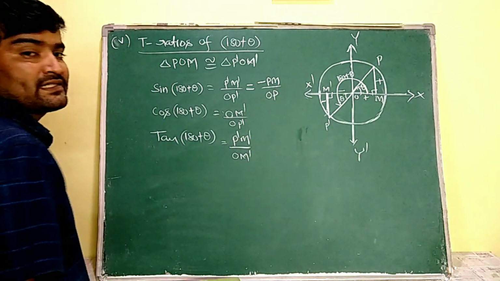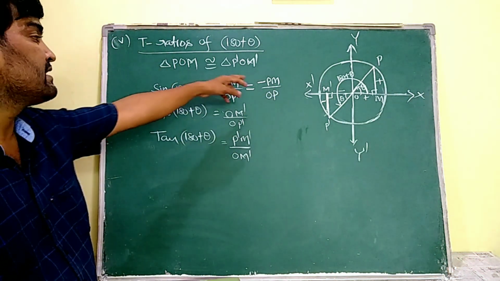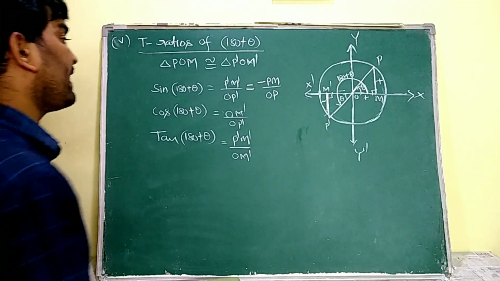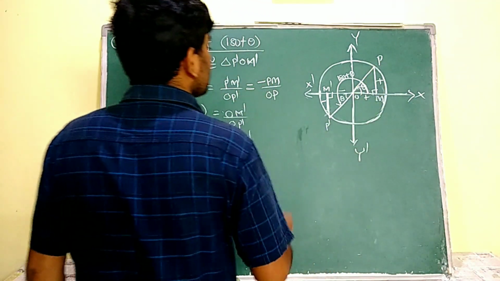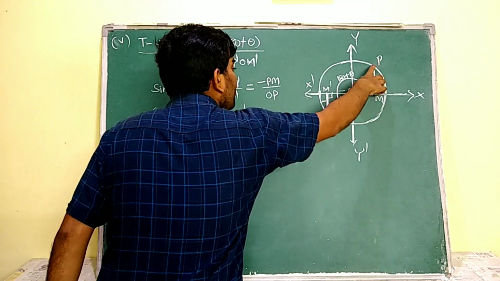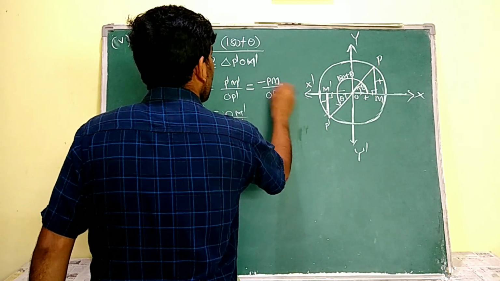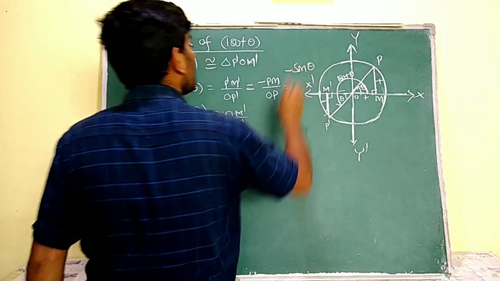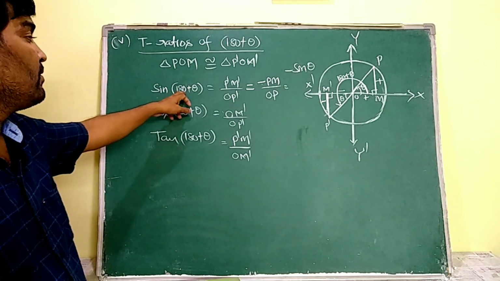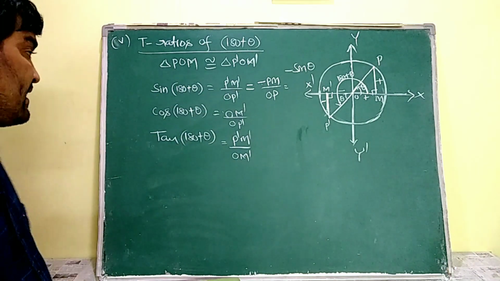So here we have to write minus PM by OP. PM by OP means sin theta. As it is minus, minus sin theta is its value. So sin(180 plus theta) is equal to minus sin theta.